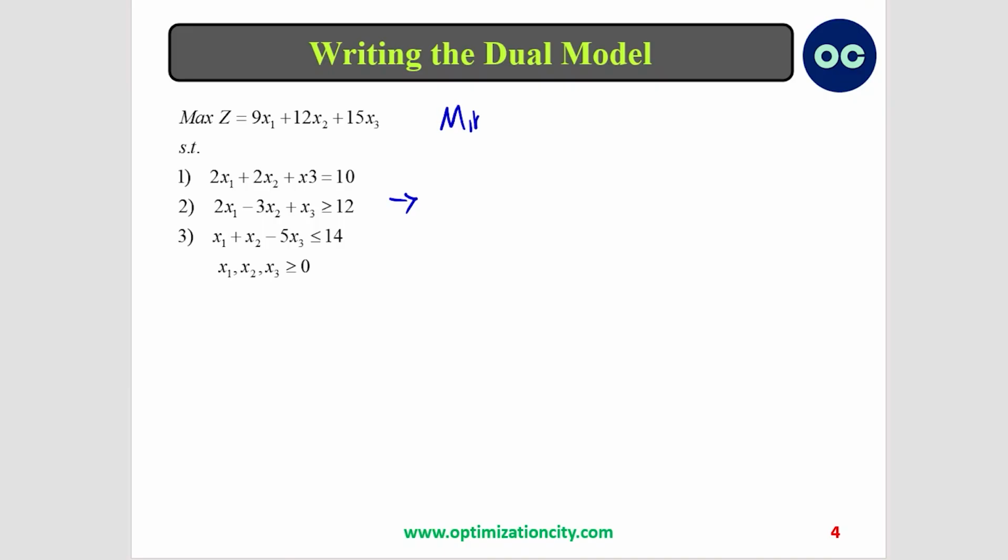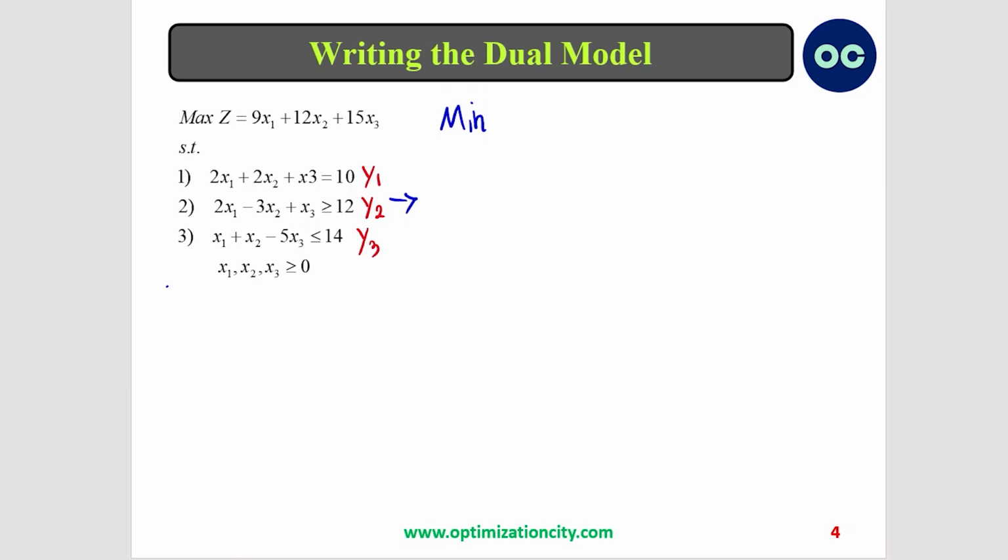So we have minimize. Let's write first the dual variable for the first constraint, the dual variable for the second, and the dual variable for the third constraint. First, we write the objective function.